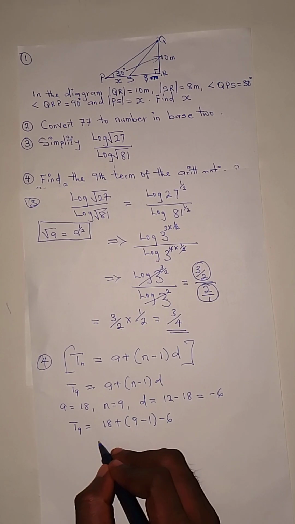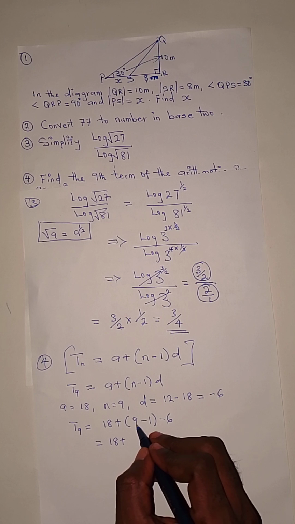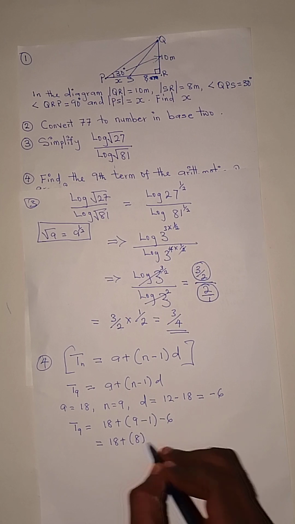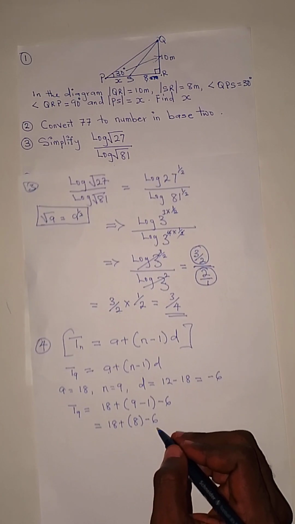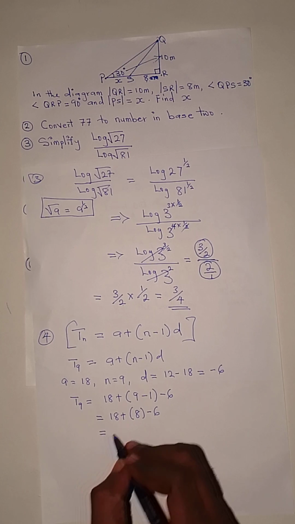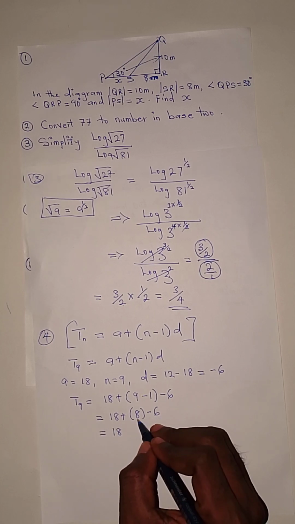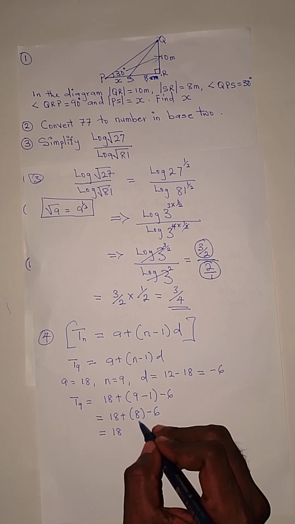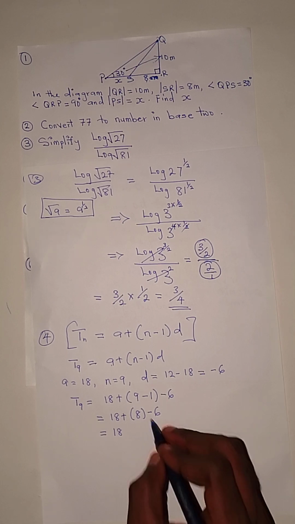So at this point, we are going to say 18 plus 9 minus 1, that will give us 8 times minus 6. Okay. So we have 18. Now minus 6 times 8. Let's say 6 times 8. That will give us 48.